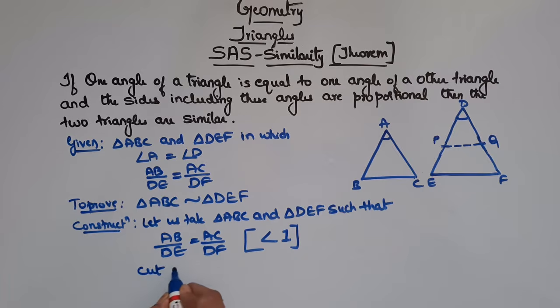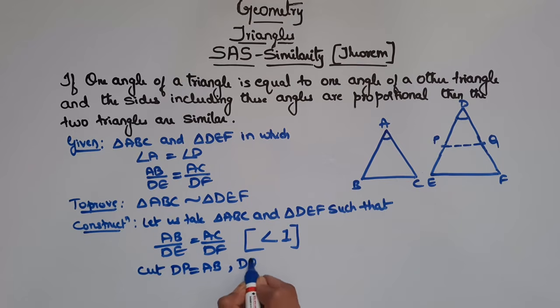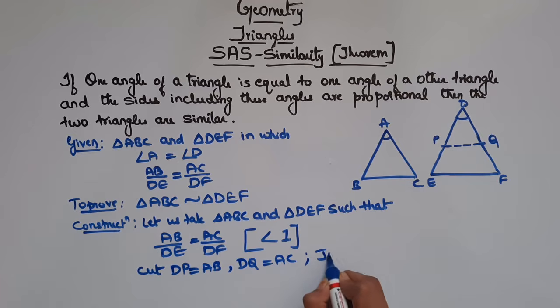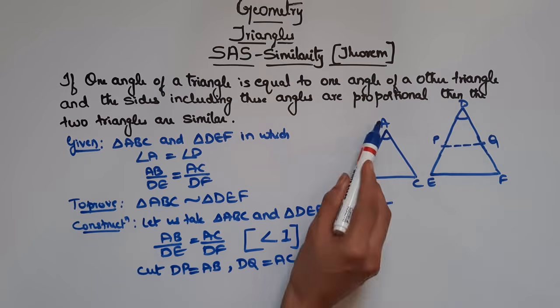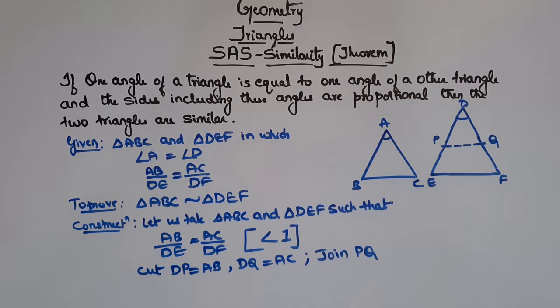Cut DP equal to AB and DQ equal to AC. Then join PQ. So now we have AB is equal to DP and AC is equal to DQ. Now let us see the proof, but before that, pause the video and note this down.